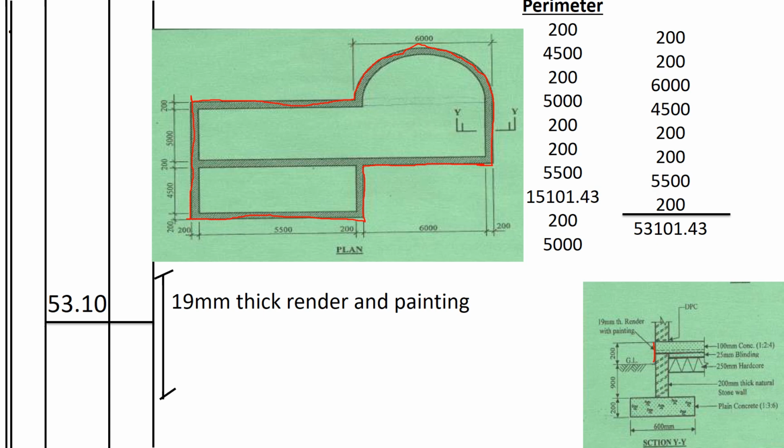That one shall give us the total perimeter outside the walls. So it shall be 53.10, 19 millimeters thick render and painting.